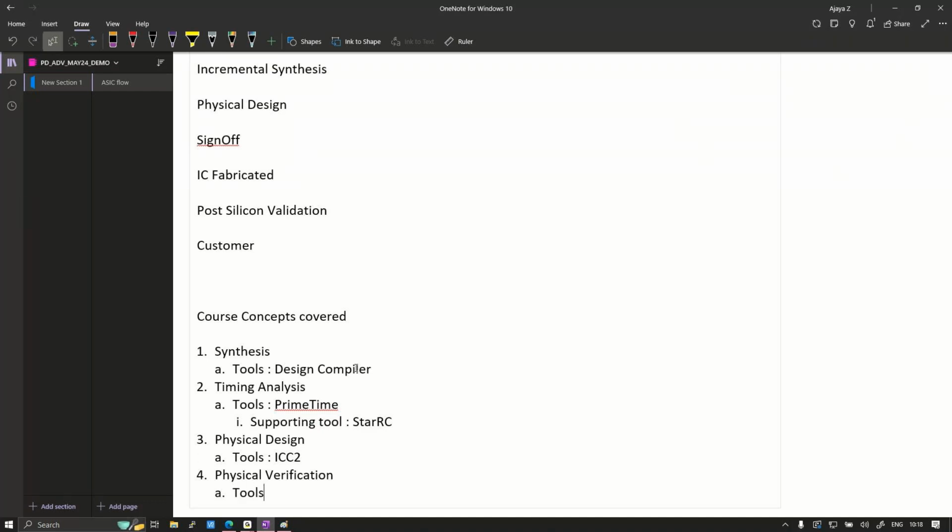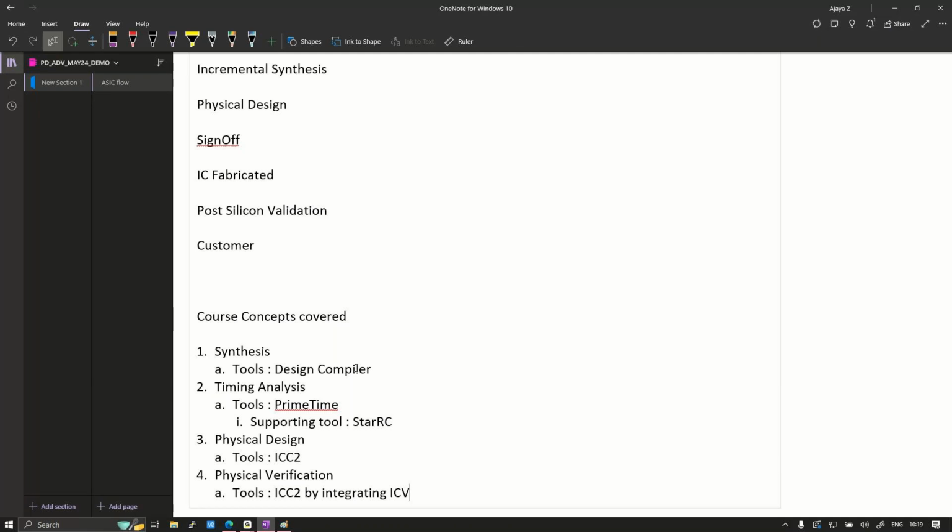Okay, tool ICC2 by integrating ICV. So ICC2 means IC Compiler 2 and ICV represents IC Validator. We don't have a separate flow for physical verification.